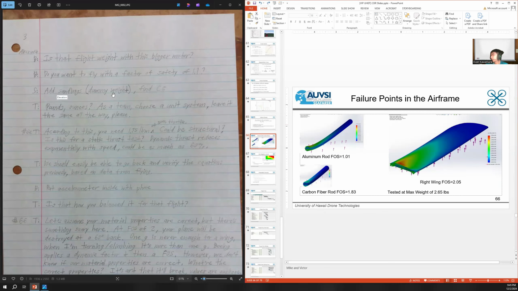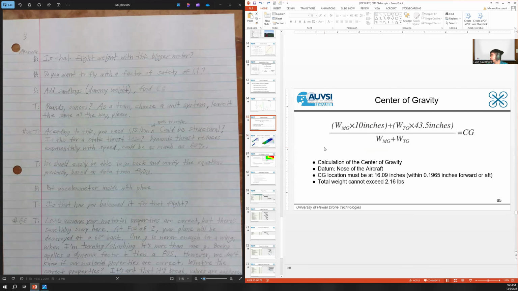We could add some dummy weight to find the CG. That's on this slide here. And then we have a unit issue here, pounds and ounces. So we should choose a unit system and keep it consistent throughout the entire presentation.